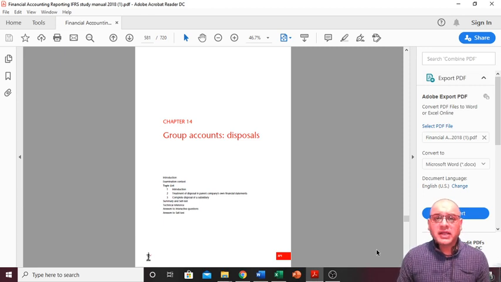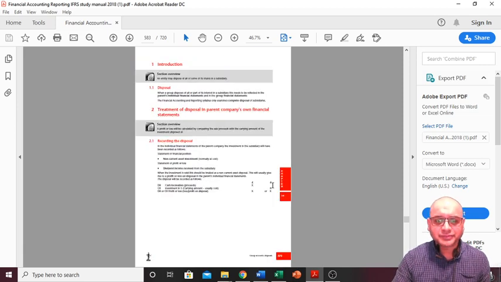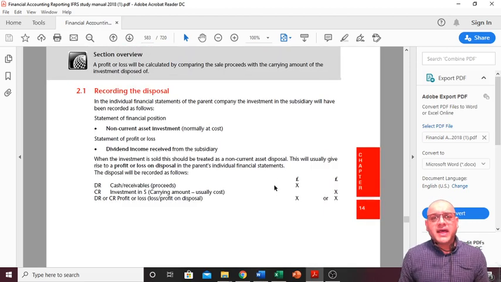So before diving into it, let's just quickly recap what we learned in our previous session. When a parent disposes of a subsidiary, there will be either a gain or loss arising through disposal. The parent will record such gain or loss in their individual financial statements, in particular the statement of profit or loss.